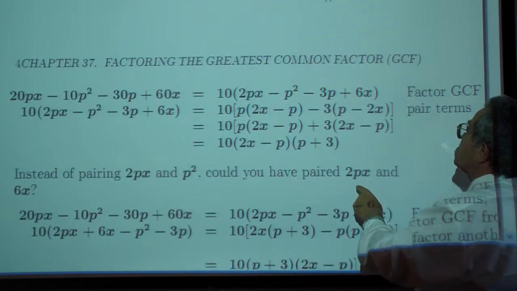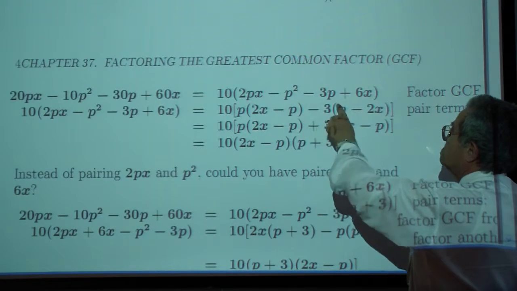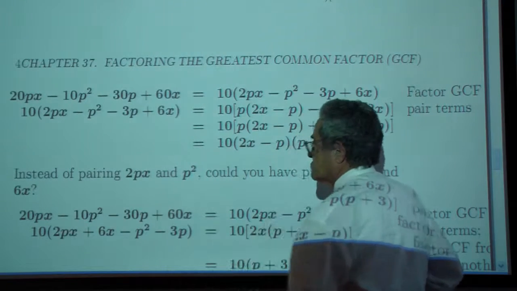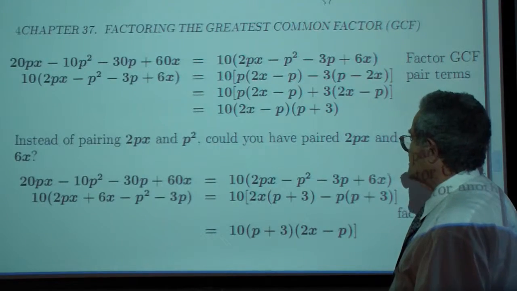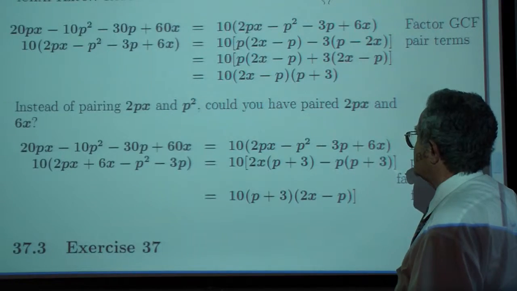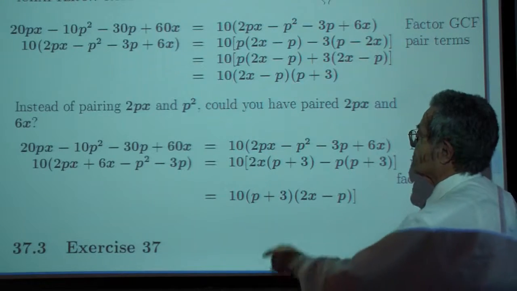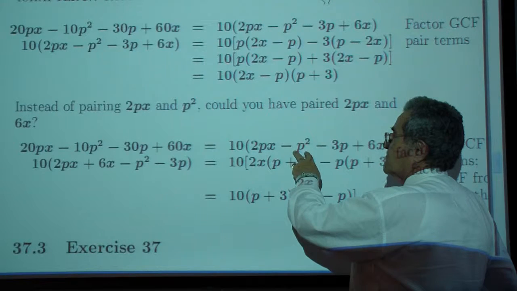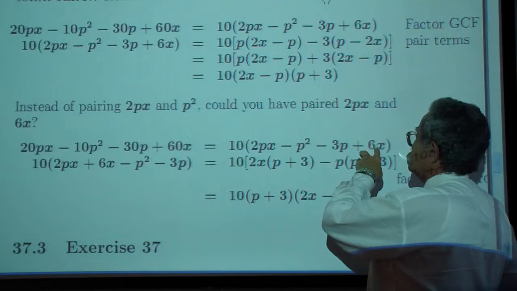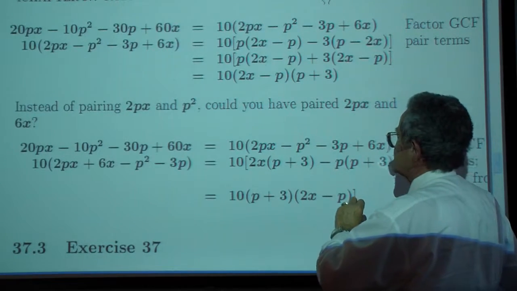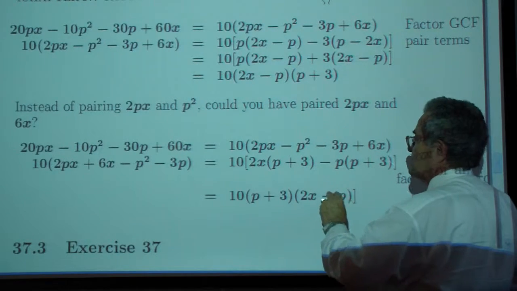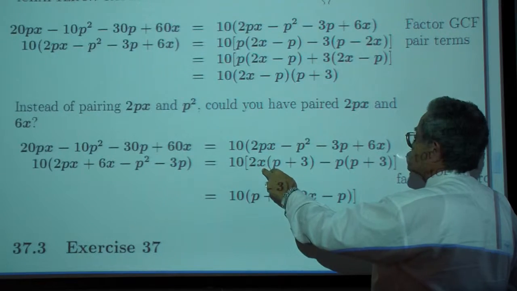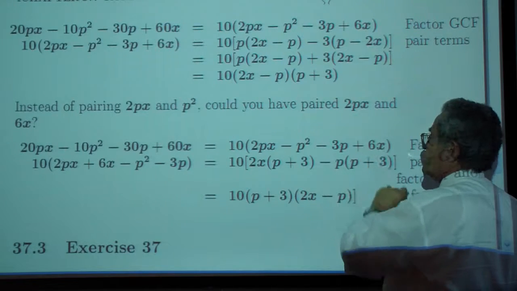So I think I should have said, could you have paired 2px and 3p? Well, that's what I'm doing right here. I got 2px minus p squared minus 3p plus 6x. So from these two I can factor out 2x, this one and that one.